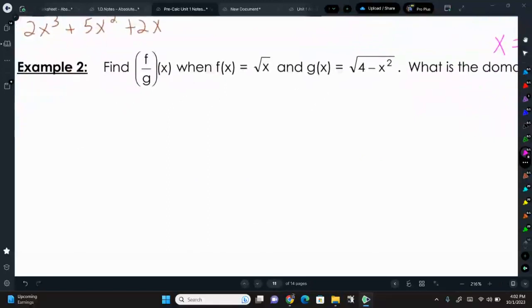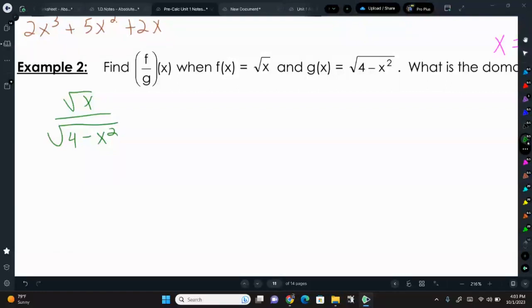This one, we have some radicals involved, so that's going to make things a little bit more complicated. So we have the square root of x over the square root of 4 minus x squared. So remember when we talked about domains, when we were dealing with rational functions, we did the domain before doing any simplifying.